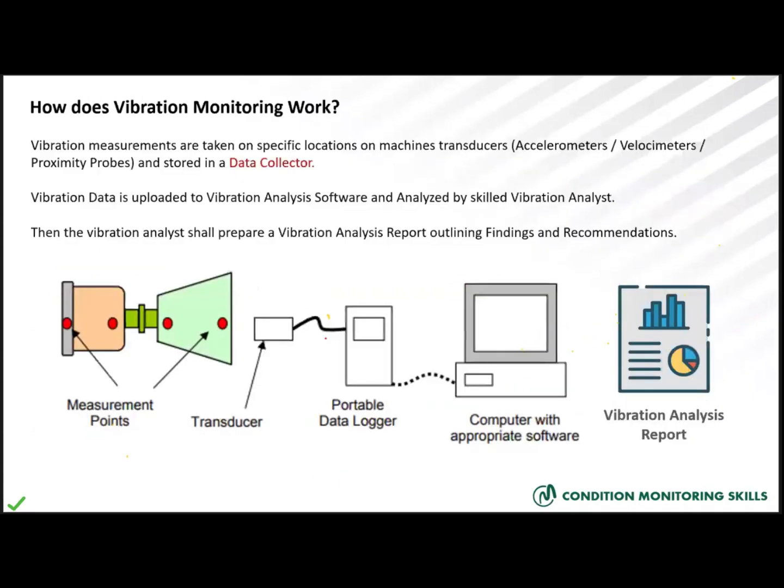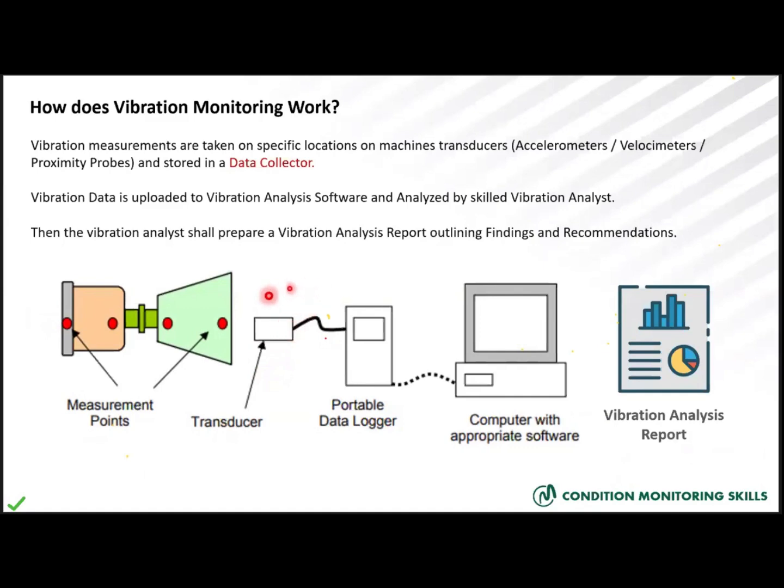Okay, so how does vibration monitoring work? Simply, this is how it works. In a very simple way, the vibration engineer or technician measures the vibration on the machinery using a transducer. This transducer could be an accelerometer, velocimeter, or proximity probe.